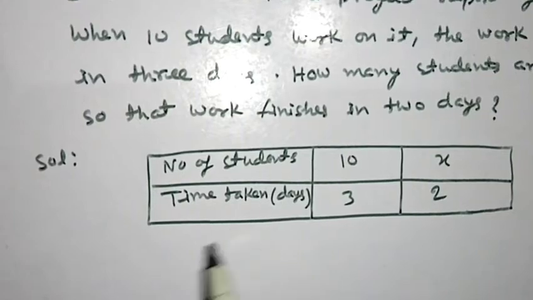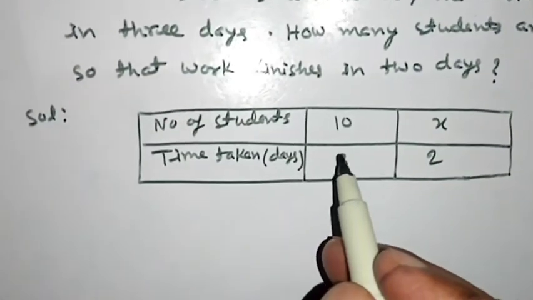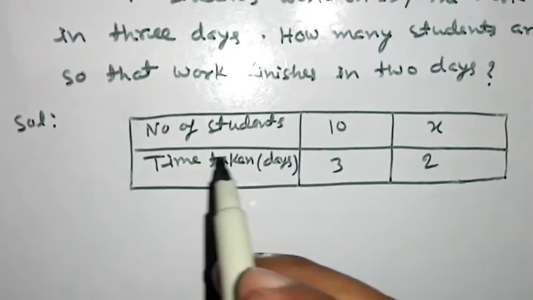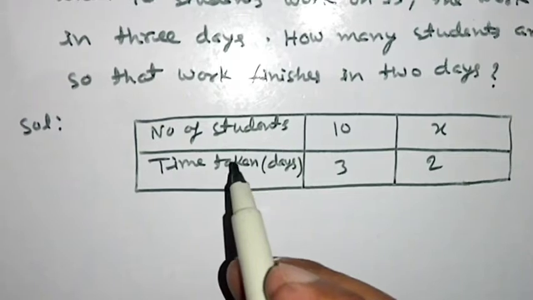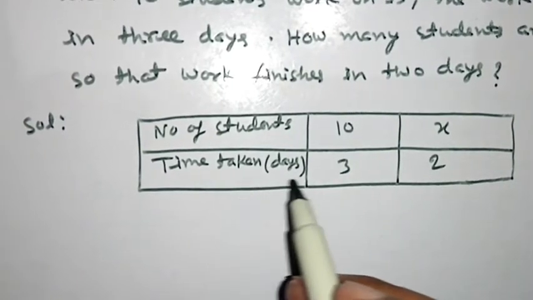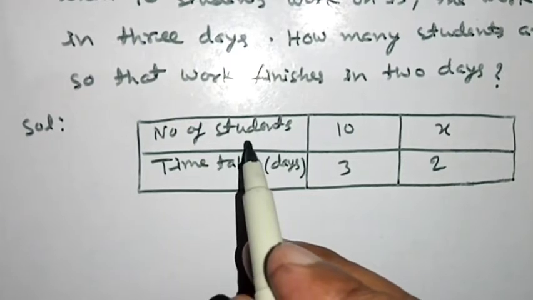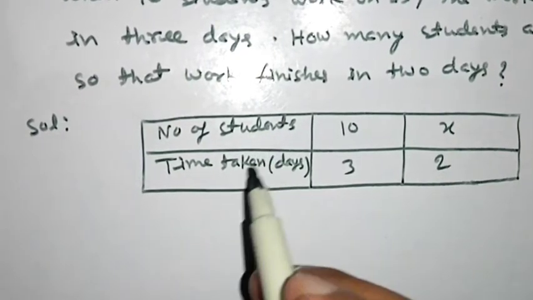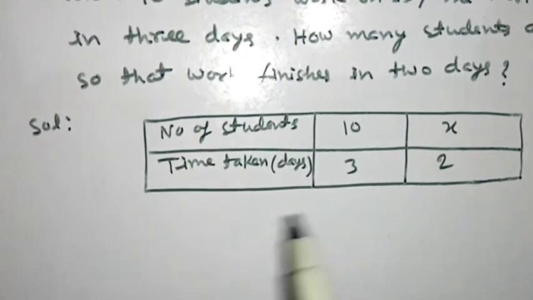Students, clearly it is the case of inverse variation, because when we increase the number of students, time taken decreases, and when the number of students decreases, time taken increases.